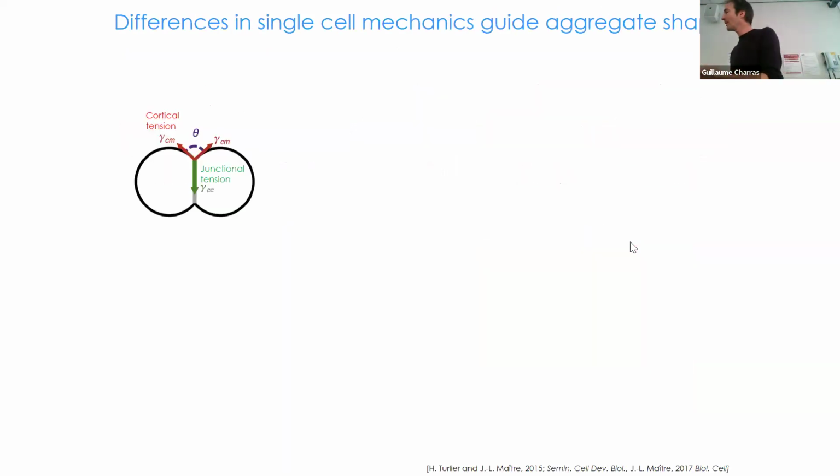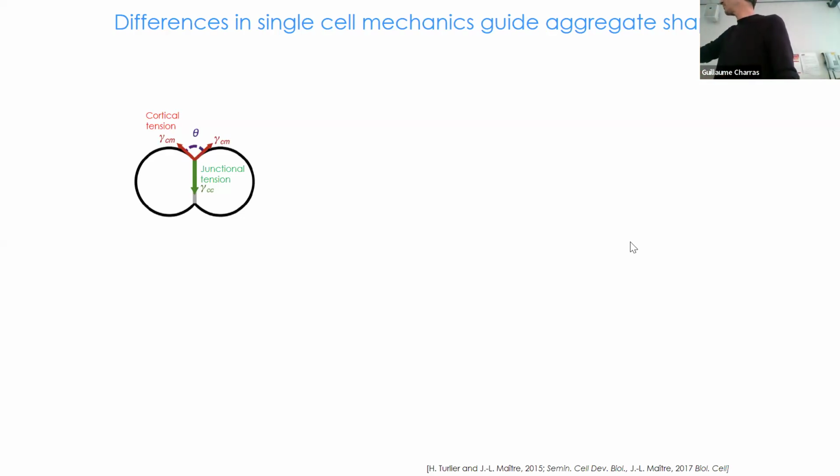So for small aggregates of cells at steady state, one of the theories that's worked really well comes from foam mechanics. And in this case, all of the arrangement of cells is governed by the surface tension. So if you have two cells that interact, the angle of contact here is controlled by the surface tension at the free membrane and the surface tension at the cell-cell contact.